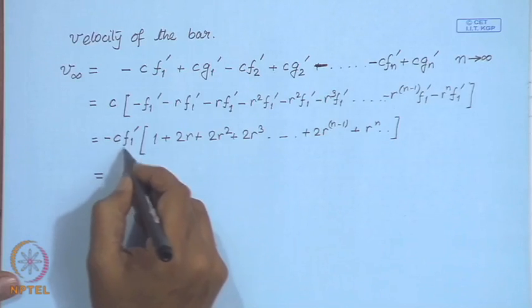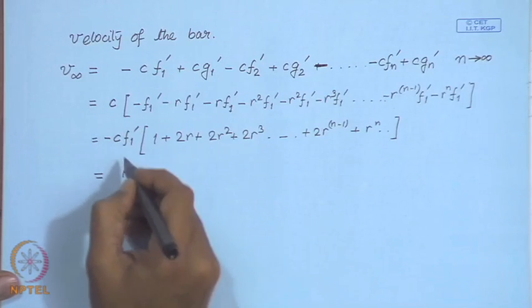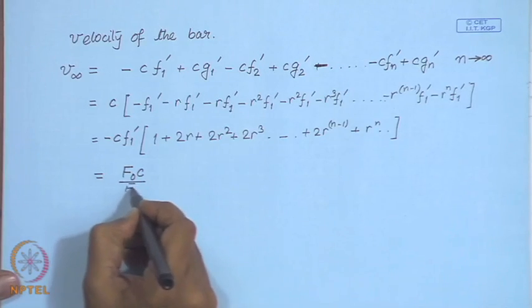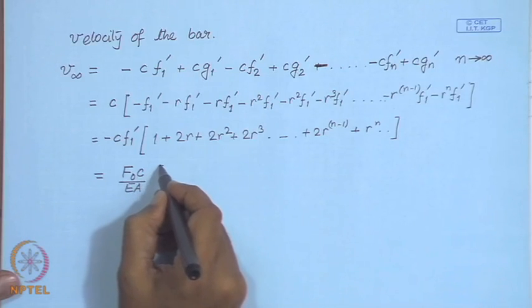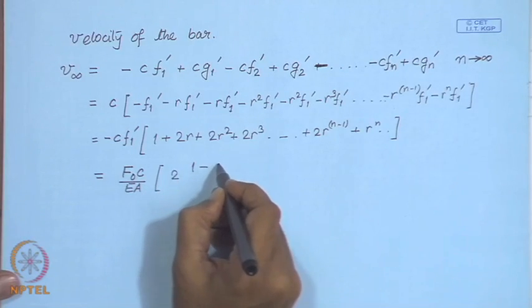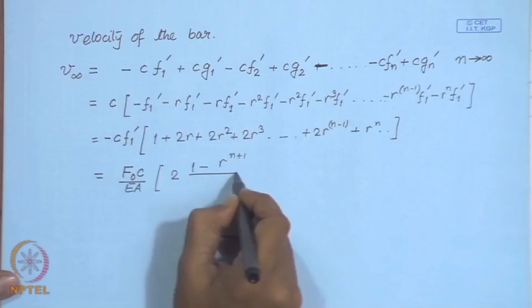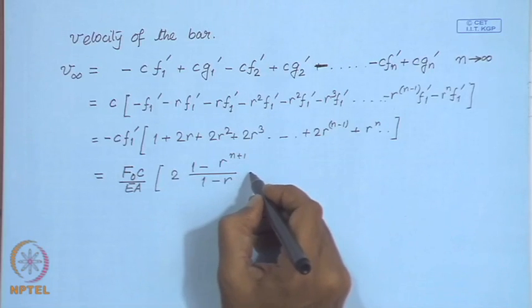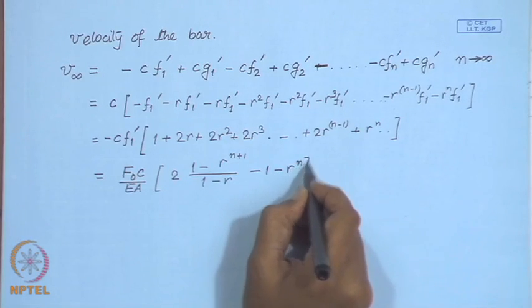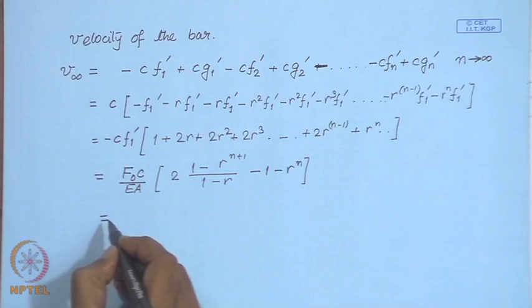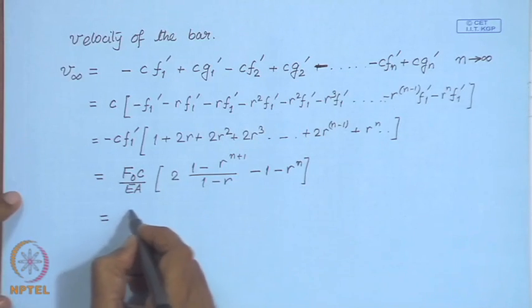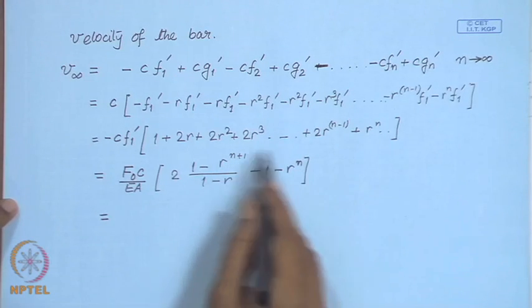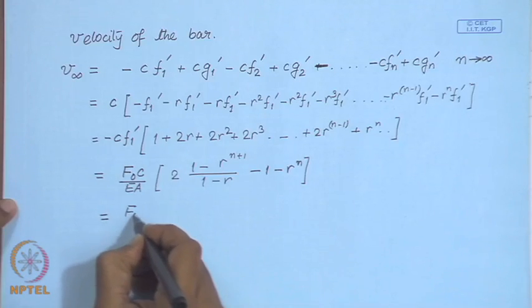We have this expression of f 1 prime, so using that we can write this, and this can be cast as a geometric series and summed up. So, this when n goes to infinity, this sum simplifies.